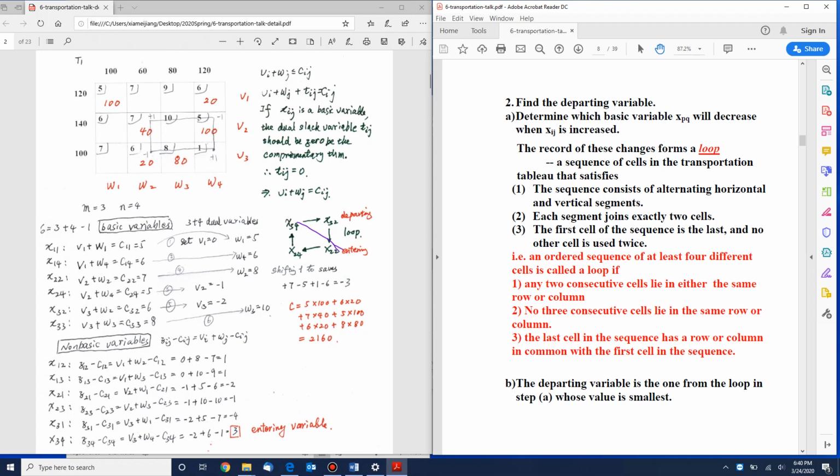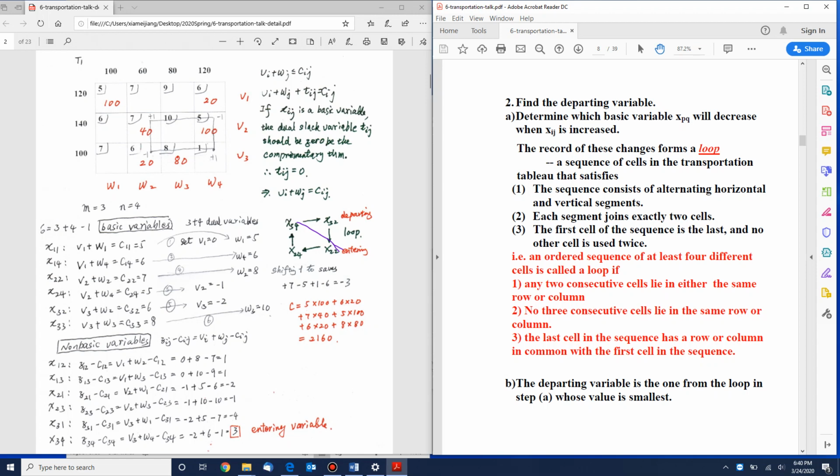Now if we reduce 1 from source 2 to market 4, source 2 has 1 more, right? So another place needs to increase 1 so that we can dispatch 140 from source 2 to the others, to be finished, right?